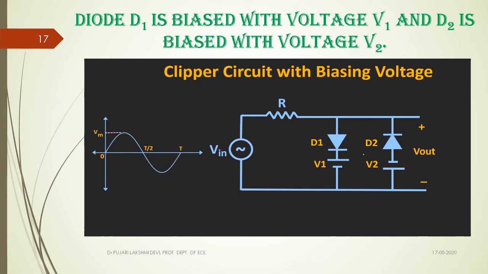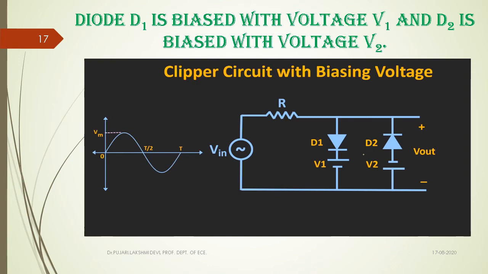Diode D2 is biased with the voltage V2, but in this case the negative terminal of the voltage source is connected to the anode of diode D2. These two diodes are connected in parallel with a series limiting resistor R and a sinusoidal input voltage source V.